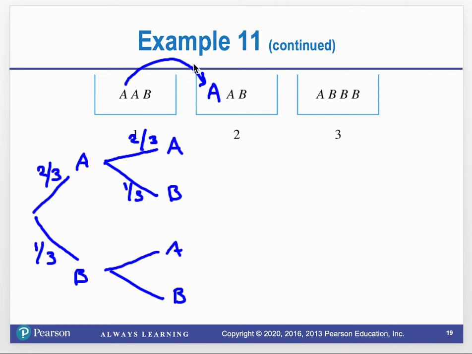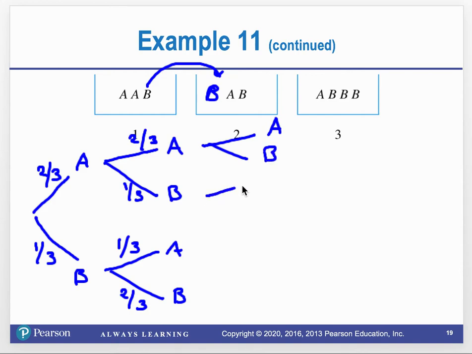But if I would have drawn this B, which is what this branch is saying, and put it in here, now the probability of drawing an A is 1/3, and the B is 2/3. The last branch, I still have choices of getting either an A or a B for each draw.